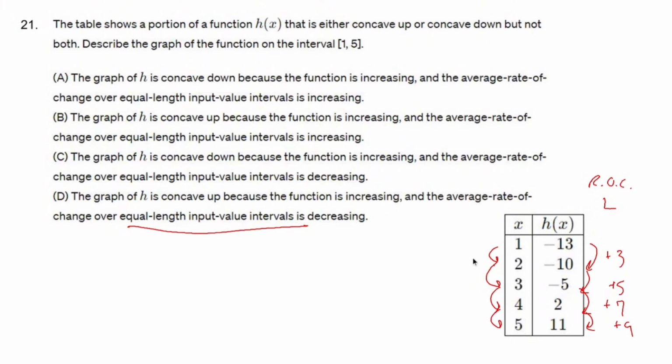So the inputs go up by the same amount, while the outputs go up by different numbers, but the numbers as you go up are increasing. So we would say that the rate of change is increasing, making it concave up.